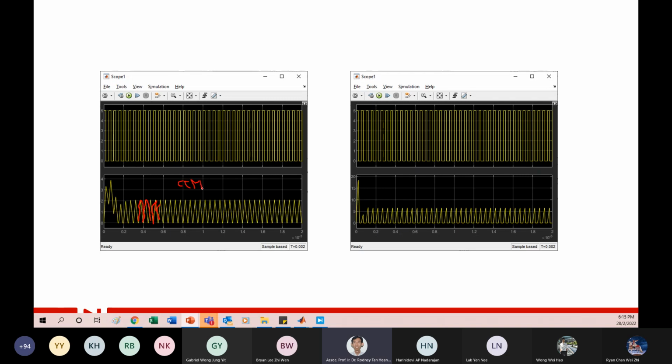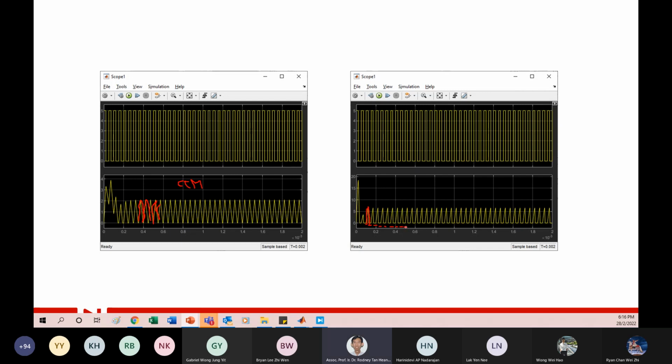Your current won't break. But if you choose an inductor that is lesser than the critical inductance, this is what happens. It got charged, and it discharged until 0, then it stopped, right? That means at this time, there is no current supplying to your load.